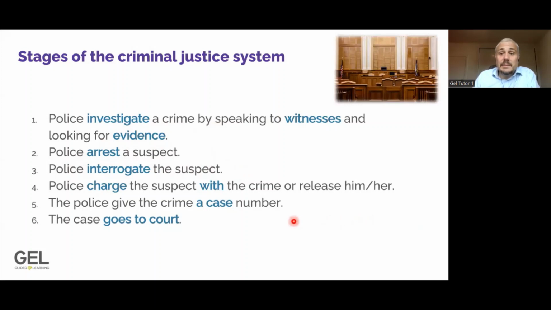If the police believe they have enough evidence, they will formally charge the suspect with the crime. This means the police will formally say, "We think that you did the crime." The suspect at this point becomes a defendant. Or another word for a defendant is the accused.